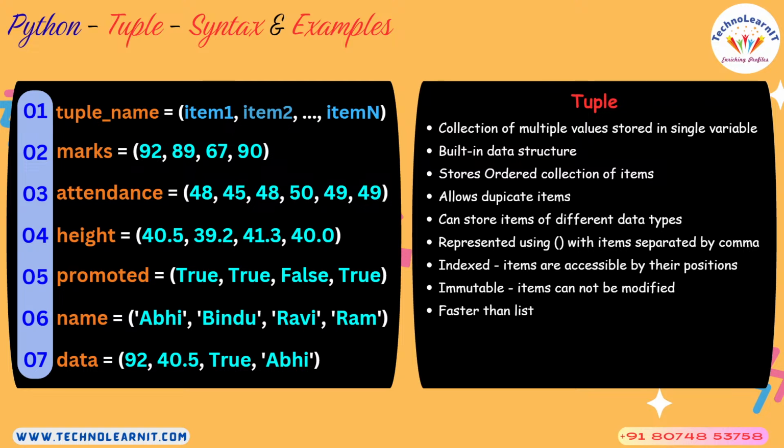So 92 as an integer, the item 40.5 is a float type. True is another item which is of boolean type, Abhi, another item within this tuple data is of type string. So tuple allows us to store different types of data to be saved.